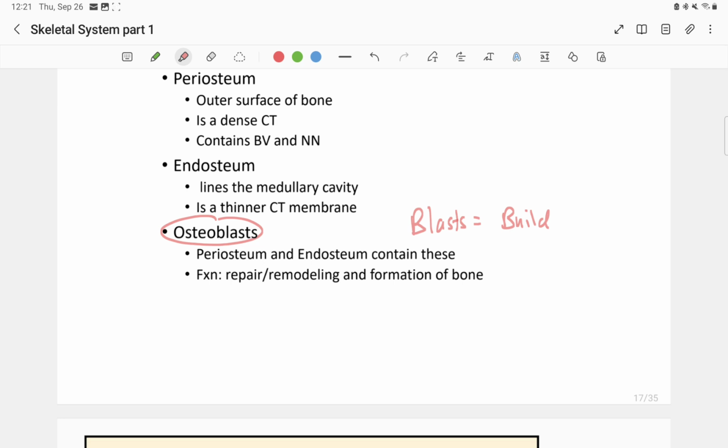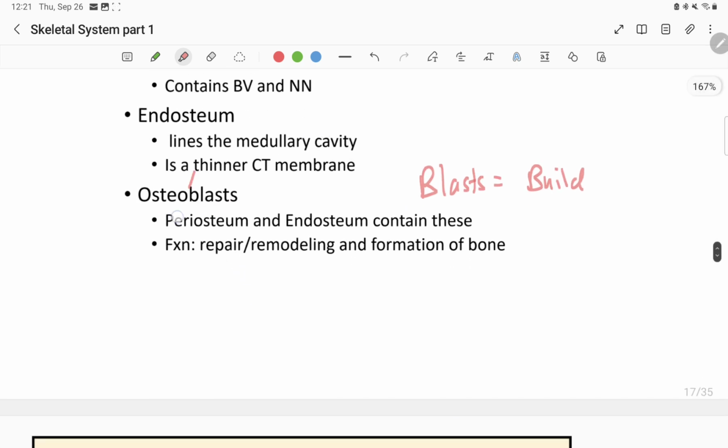But in the anatomy or medical terminology world, blast actually means build. That is the suffix. So if you take a word, in this case osteoblast, we're going to divide the word. Blast means build, and it is attached to the word osteo, which means bone. So this is letting you know it's building bone.